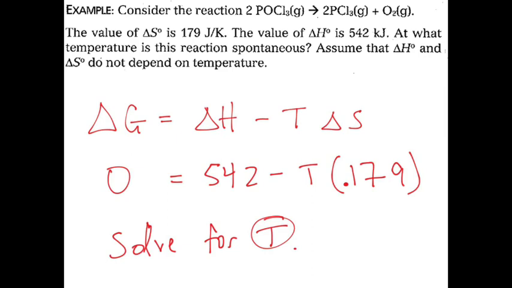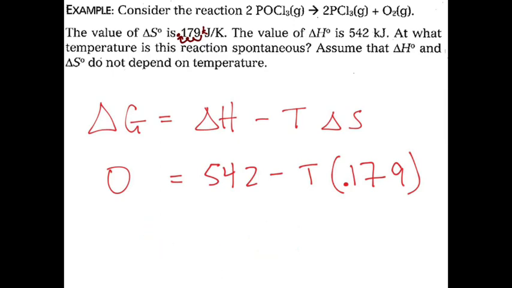All right, I want to go ahead and move that decimal so I have it in kilojoules. I don't know why, but entropy is always given in joules at first, but before you calculate with it, you need to put it in kilojoules. The value for delta H is positive 542. Oh, they're both positive. When they're both positive, I know those are the temperature-dependent reactions. We can use those numbers to actually find the temperature at which this becomes spontaneous.